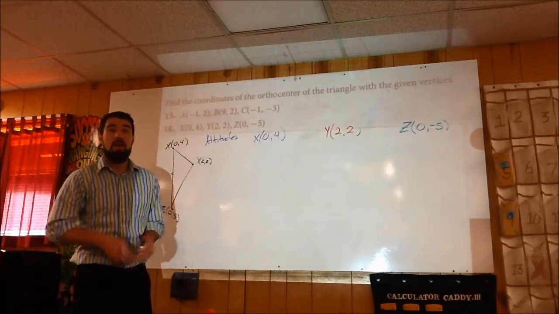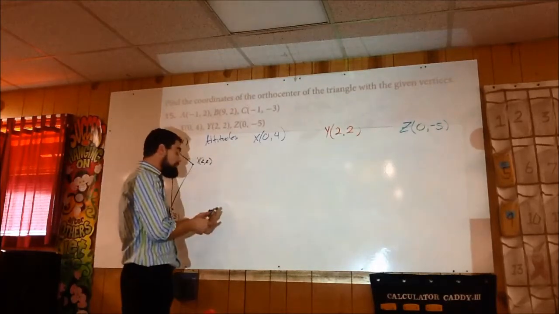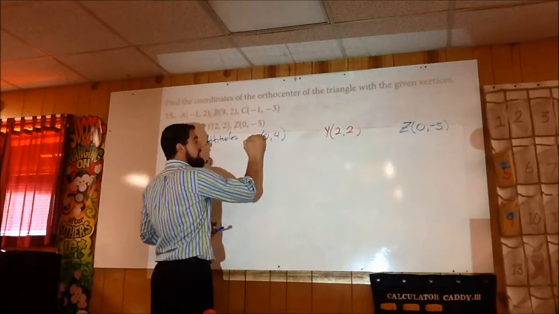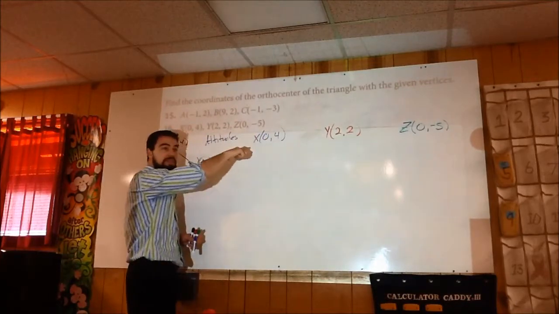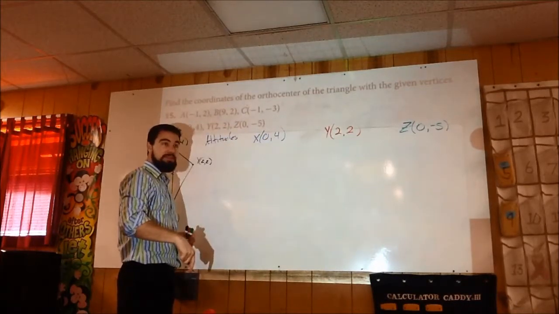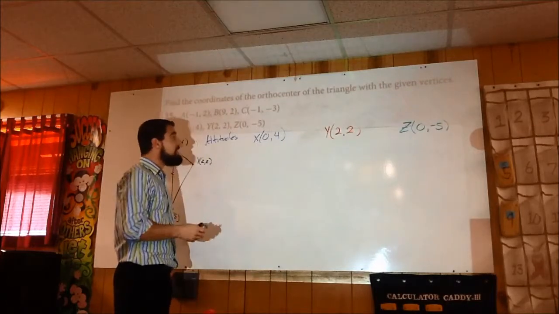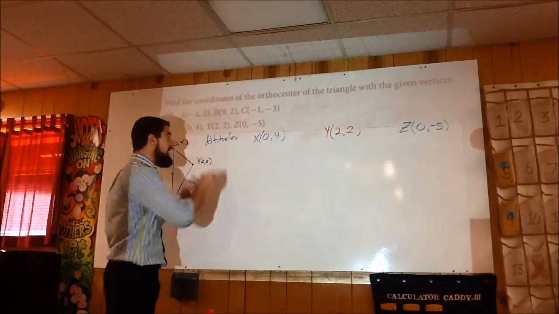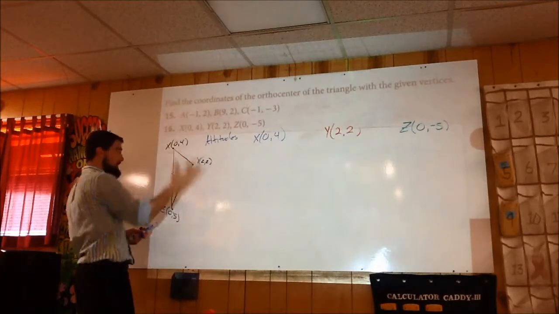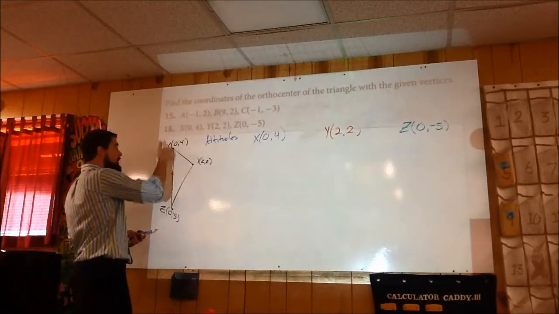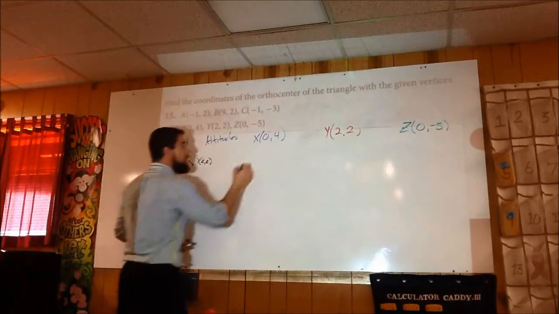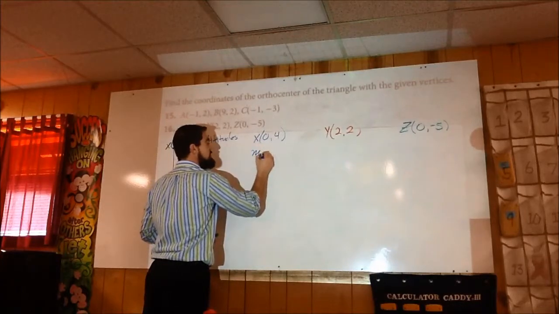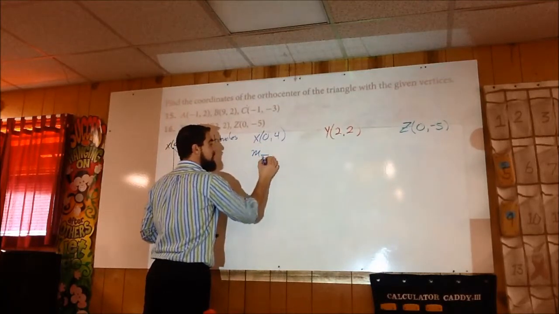Now I need to figure out what are the slopes. So the altitude that starts at the vertex x and goes to the opposite side, I need to know its slope. Well, the opposite side, if I look at my little quick sketch, would be segment zy. So I need to determine what is the slope of zy.